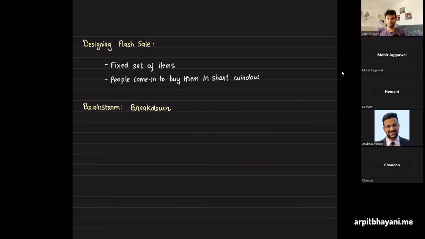Now, let's talk about flash sale. Here, we'll talk about the low-level implementation of flash sale. For the high-level part, around reliability, fault tolerance, and user experience, there is a tech talk by Shopify on flash sale.